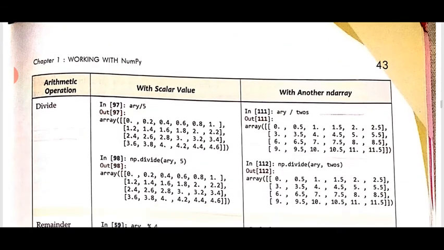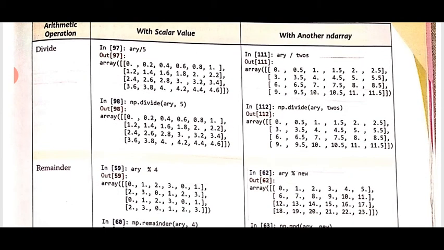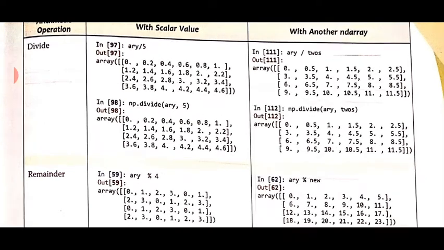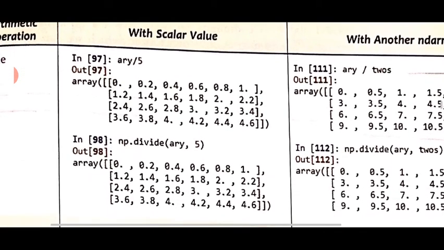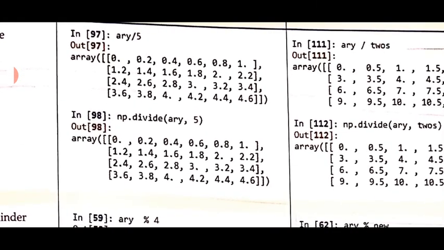Forward slash is for division. ARY forward slash 5 means divide all the elements of ARY by 5. Then the results are here. The same work we can do with the divide function also: np dot divide ARY comma 5 means divide all the elements of ARY by 5.